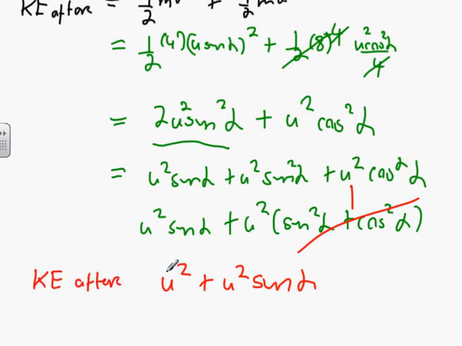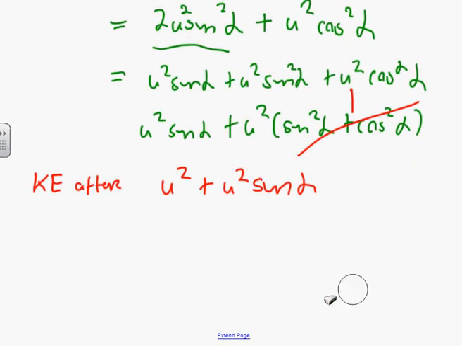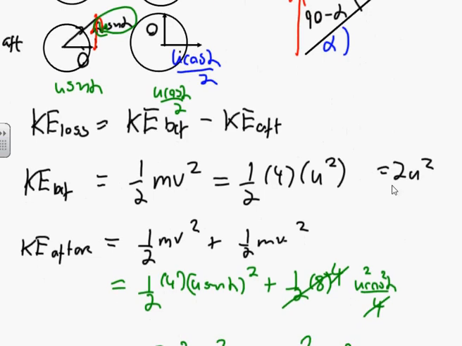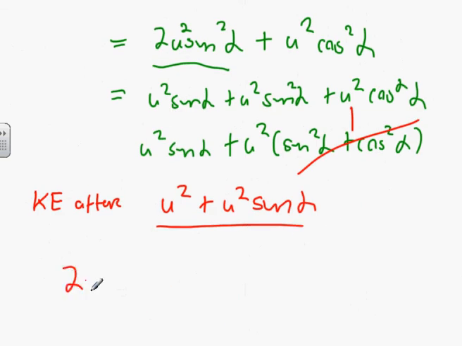Now, I still haven't finished off the question, have I? It's KE before minus KE after. So the loss in kinetic energy is going to be, what did we have before collision? We had 2u squared before the collision, and we had this much after the collision. So 2u squared minus bracket u squared plus u squared sine squared alpha.